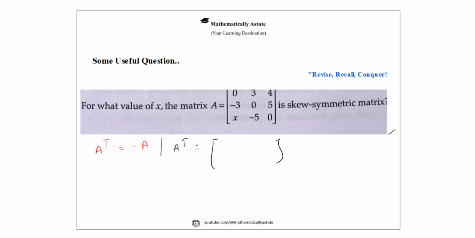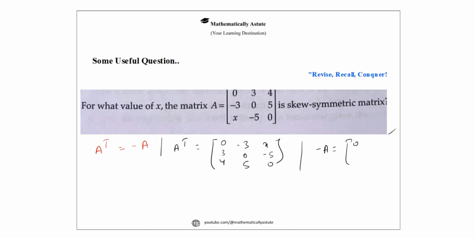finding transpose is very easy, as the formula suggests us to exchange the row into column and column into row, or vice versa. So this would be 0 3 4 and minus 3 0 5, again x minus 5 and 0. Now minus A would be simply interchanging the sign of each element.